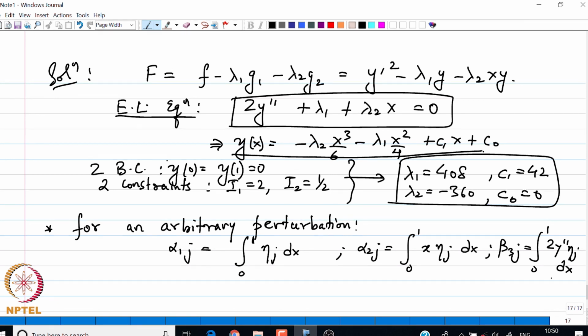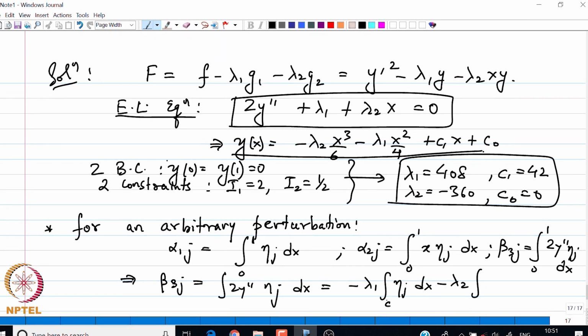Okay. Notice, we do not know these perturbations eta j, but beta 3 comma j is the integral of 2 y prime eta j dx, and this is also equal to minus lambda 1 times the integral of eta j dx minus lambda 2 times the integral of x times eta j dx.